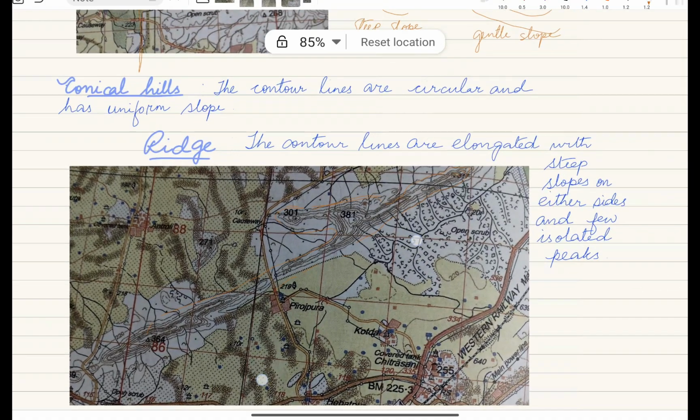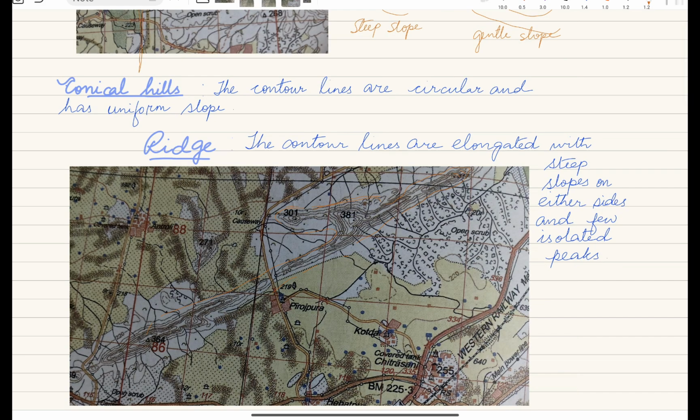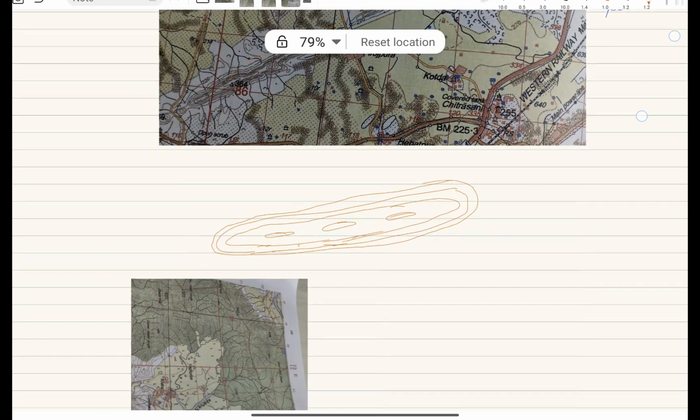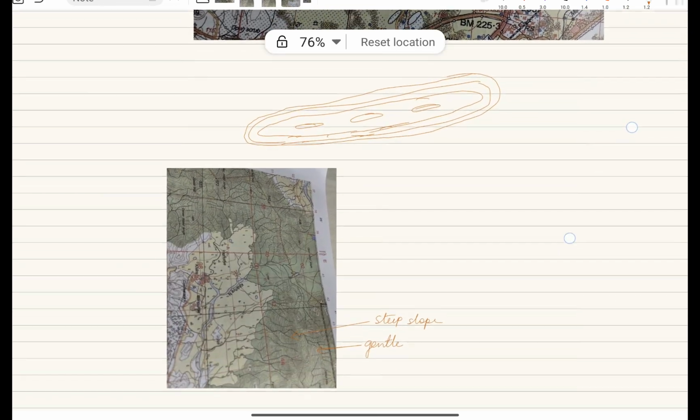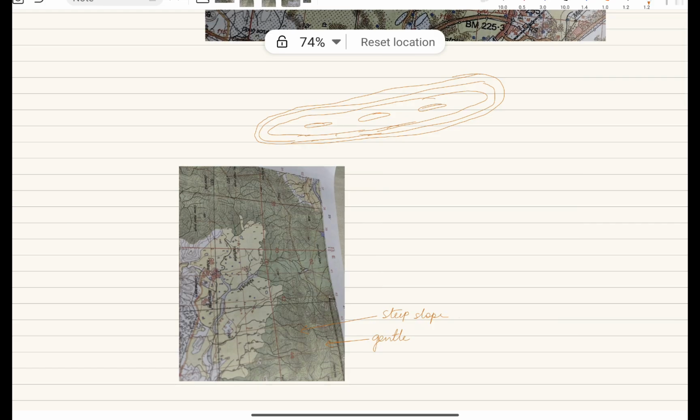So if contour lines are elongated with steep slope on either side and a few peaks, we call this a ridge. This is how we draw a ridge. See, I have drawn elongated contour lines closely spaced to each other with few isolated peaks.